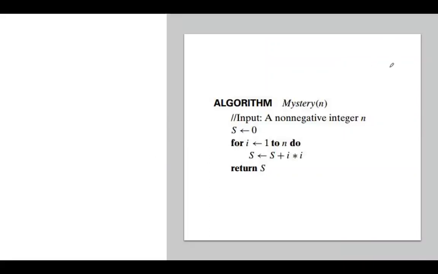What is this algorithm? We are taking some n value as input, 4 or 5. Then for i is equal to 1 to n, the for loop will run n times, and then you are doing some operation.